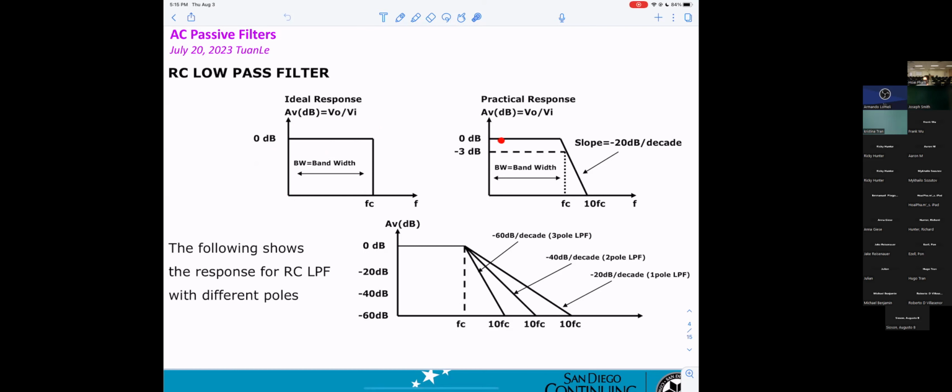Now, this is the mid-range. My question is, what is the gain in here?